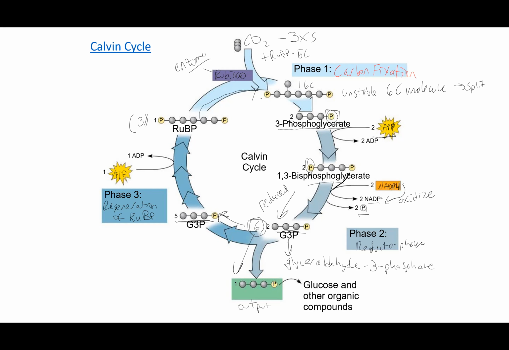We made a carbohydrate. We made G3P. So the point of the reaction is that we made G3P. G3P is then going to be processed, to become monosaccharides, which then can become disaccharides, which can become polysaccharides.